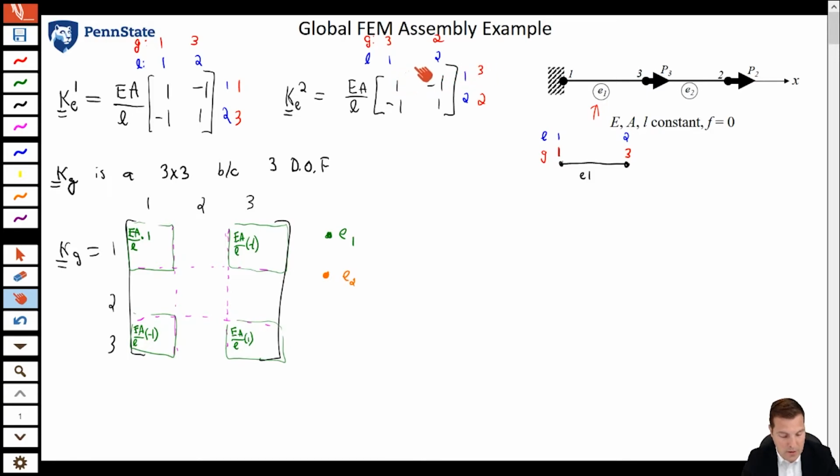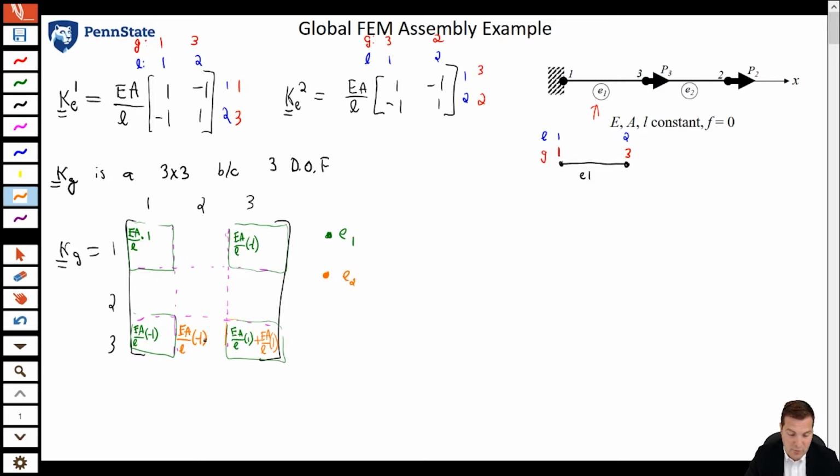So row 3, column 3, our first position actually goes here for element 2. We'll use our orange, and that's going to be a plus EA over L and a 1 there. Our next term is row 3, column 2, and it's going to be EA over L times negative 1.